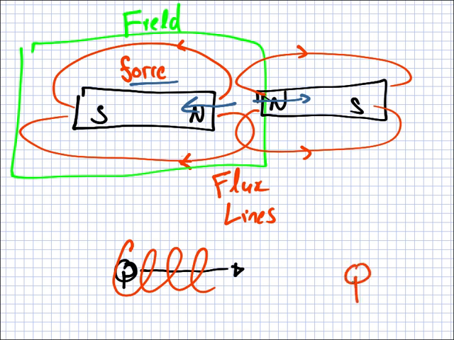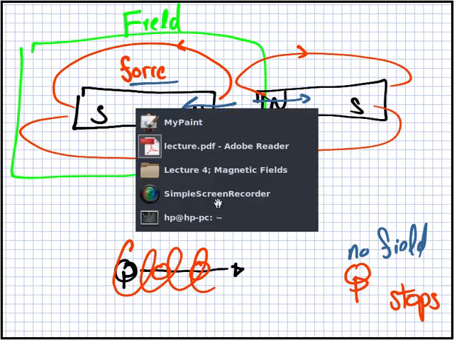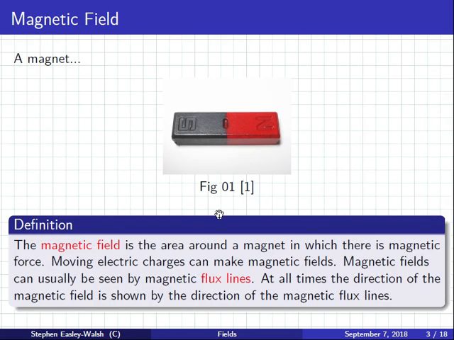And then if it stops, then there's no field. It's just as it's moving, it makes a magnetic field. Interesting. I think you need to write all of this.